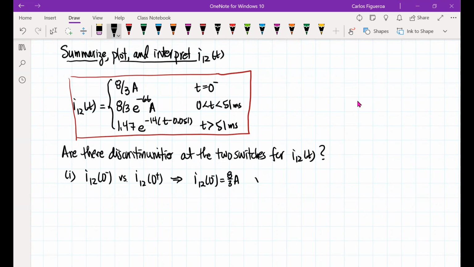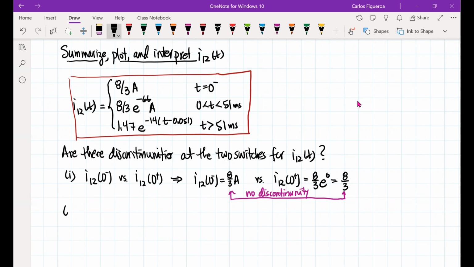And then I'm going to compare this to I12 at 0 plus. So this is really 8/3 e to the 0, which of course gives me 8/3 back. So immediately we can see that there is no discontinuity. So that's a smooth transition.